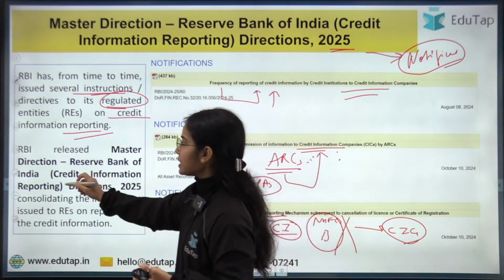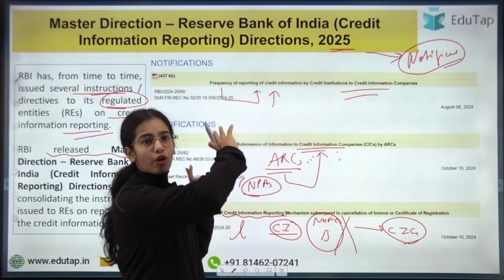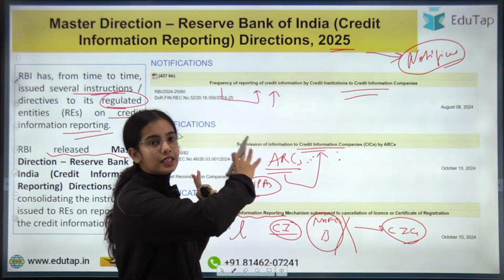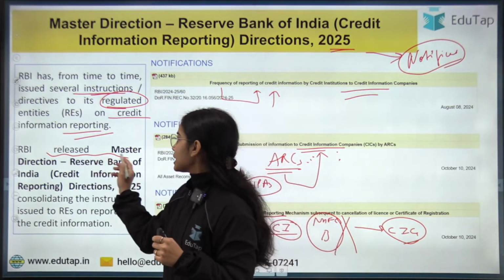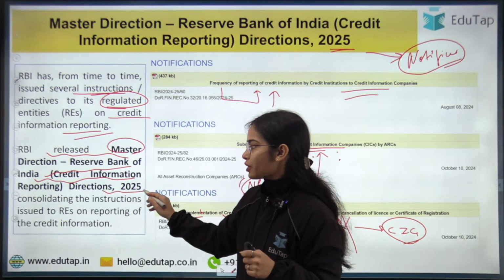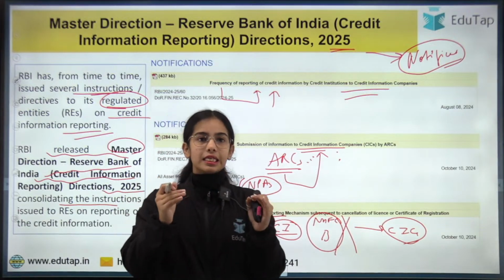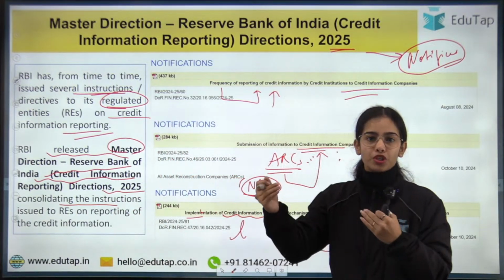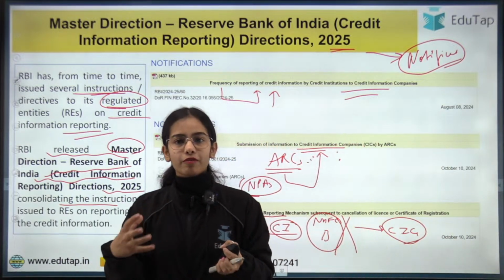So RBI finalized the master direction, the Reserve Bank of India Credit Information Reporting Directions 2025, consolidating all the instructions that the RBI has released till now for the credit information companies or for credit information reporting.